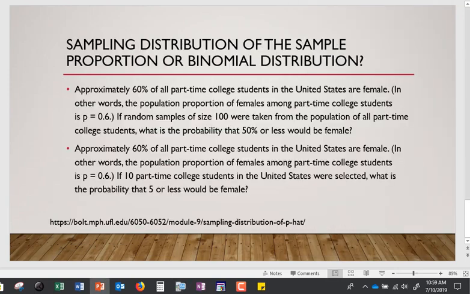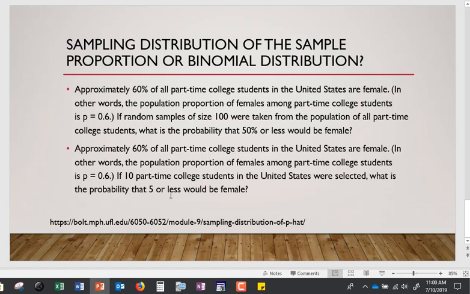Last but not least, let's look at a proportion problem. Approximately 60% of all part-time college students in the United States are female. So just seeing that percentage sign, we know it's a proportion. The first part says if random samples of size 100 were taken from the population of all part-time college students, what's the probability that 50% or less would be female?